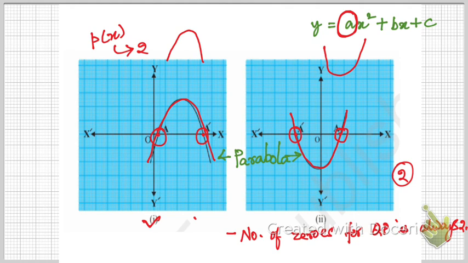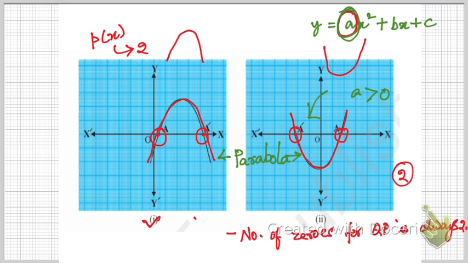This type of graph is known as a parabola. Whenever the value of a is greater than 0, you will get this kind of parabola, an upward direction parabola.